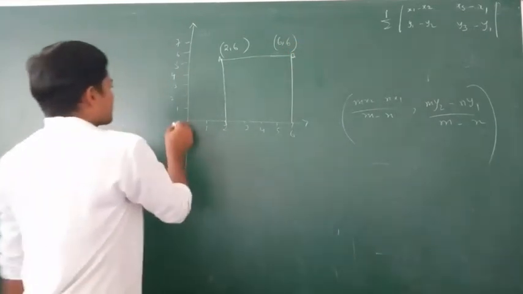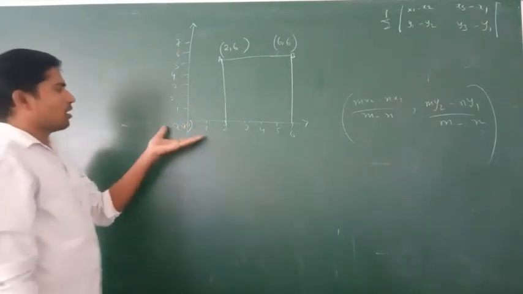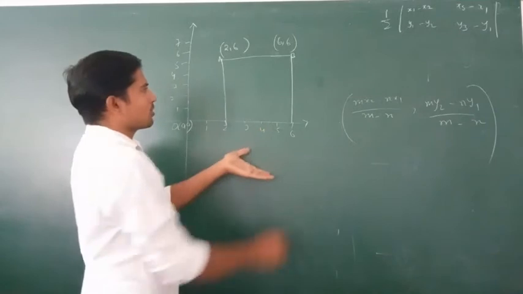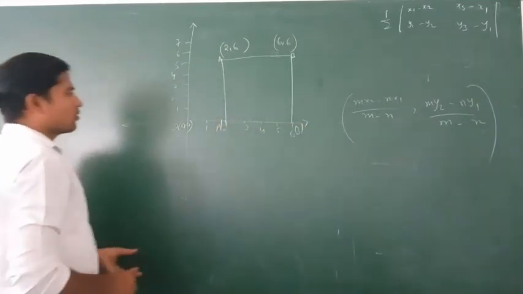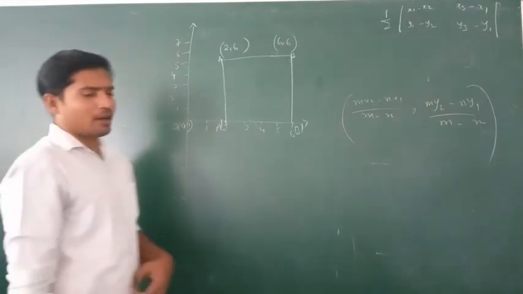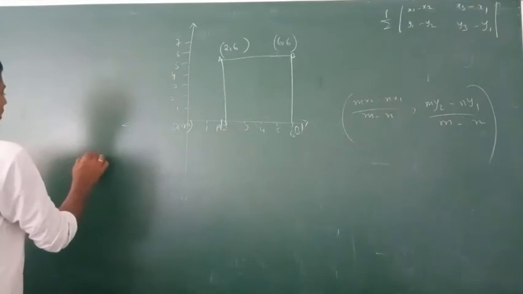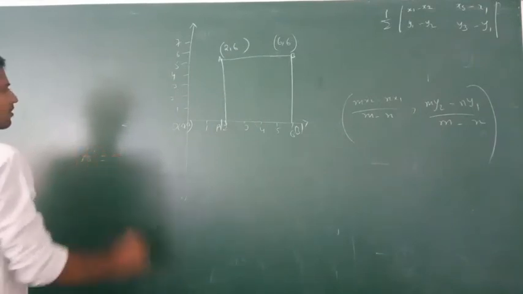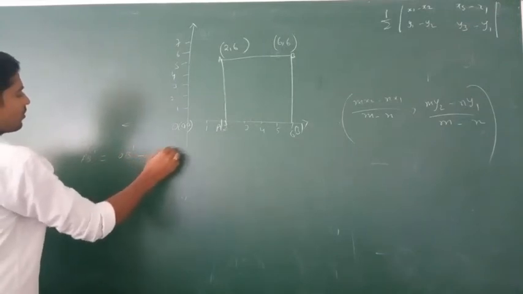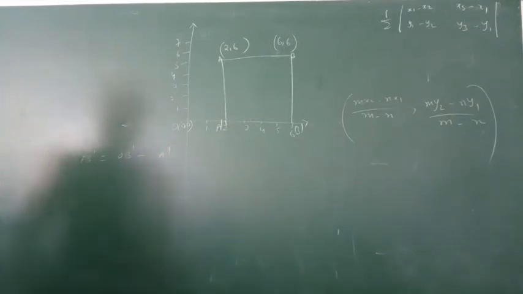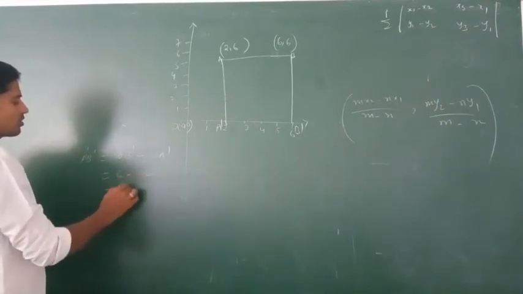We already discussed this is O (0, 0). Suppose this is B dash, this is A dash. I need here A dash B dash. So A dash B dash equal to OB dash minus OA dash, that is 6 minus 2, which is equal to 4.